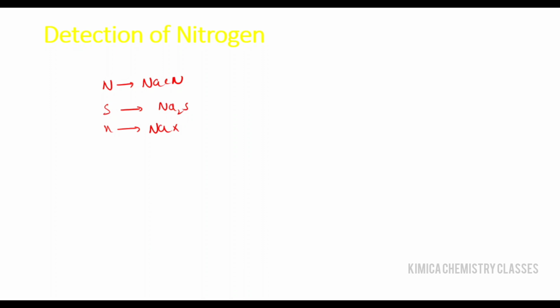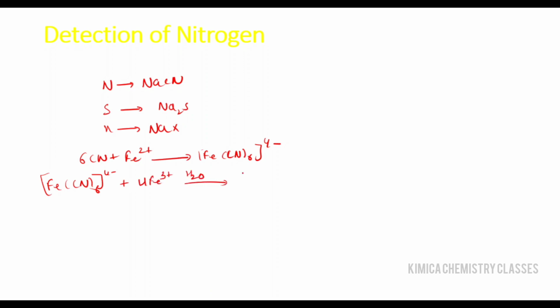The formation of Prussian blue color confirms the presence of nitrogen. So the Lassaigne extract, like cyanide, gives this.